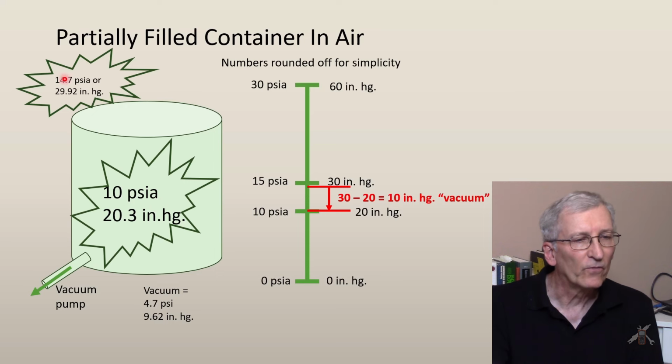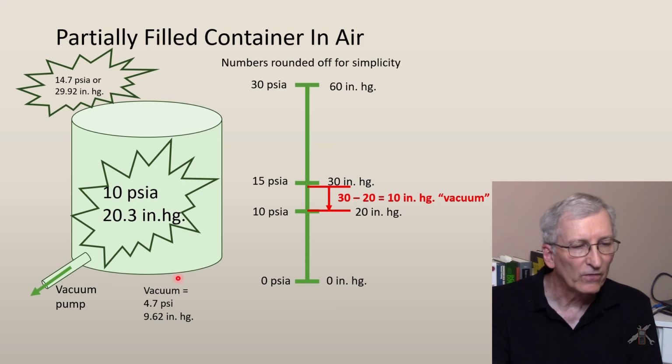So I go from 14.7 or 29.92, so here on this chart, here's 30, that's atmospheric pressure, 29.92, and I go down to 20, I'll have pulled 10 inches of vacuum.